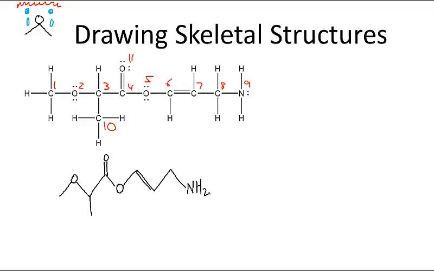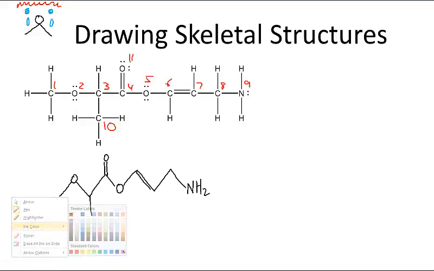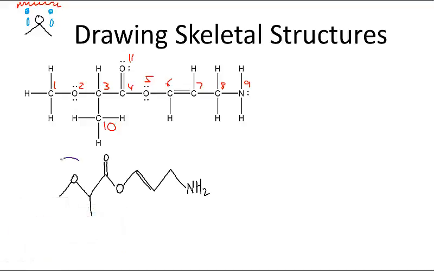Now it turns out, by convention, when we have something like the left-hand side of this molecule, this part over here, when there's a heteroatom and then there's just one carbon on the other side of it, we tend to not just leave that as a skeletal structure.